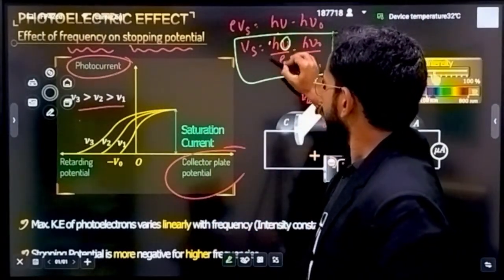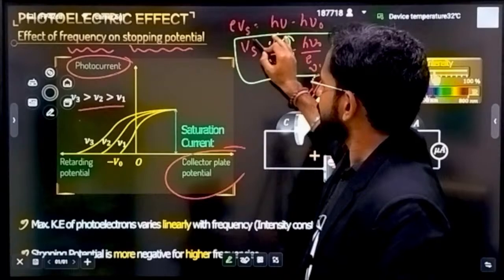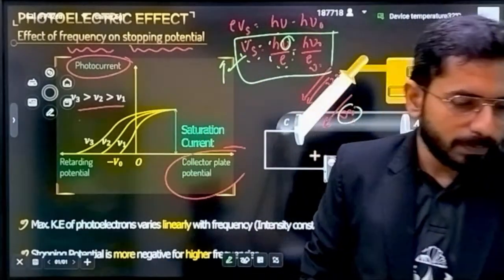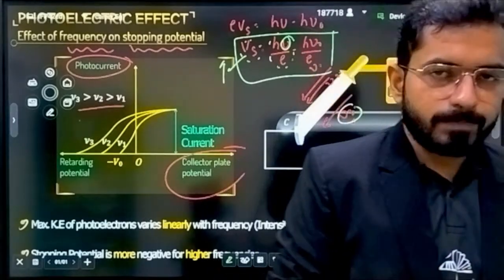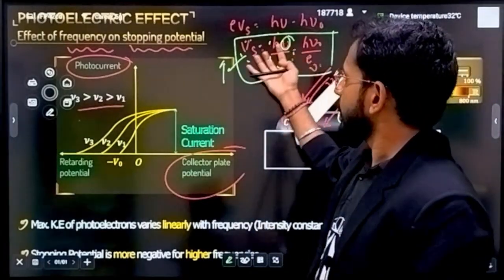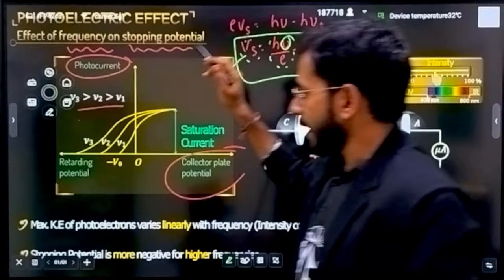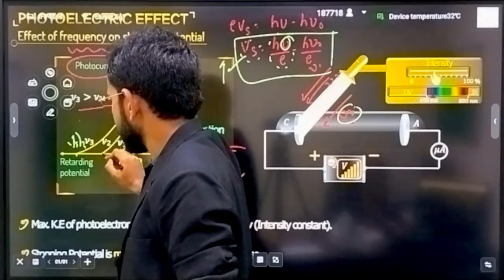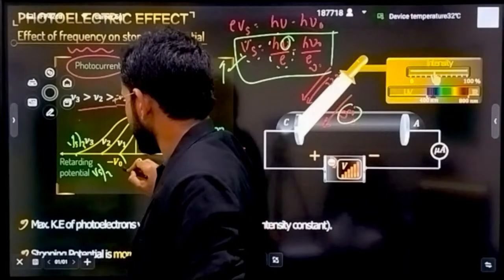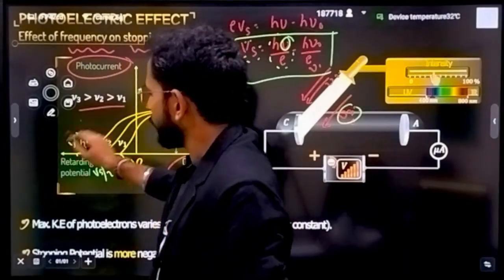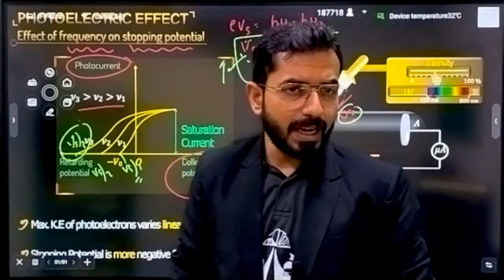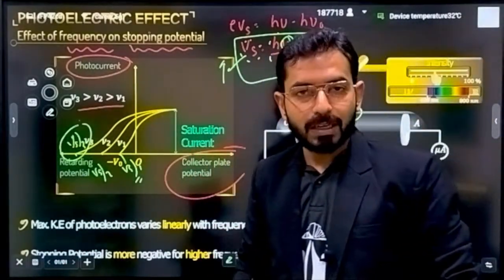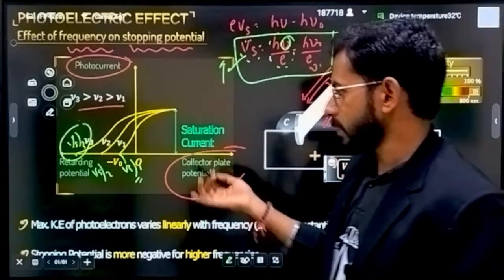So if this value is greater, can I say the stopping potential is also going to be greater? Yes or no? Simply, if I increase this value, the stopping potential will also increase. So if these are Vs3, Vs2 and Vs1, obviously stopping potential 3 will be highest because it has the highest frequency, then stopping potential 2, then stopping potential 1. This will be the scenario.